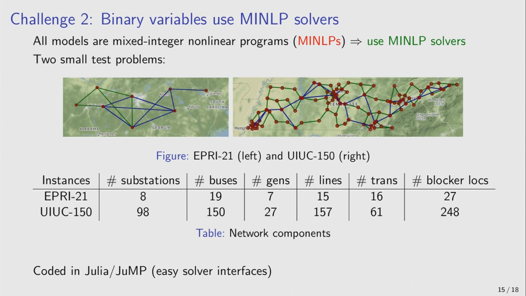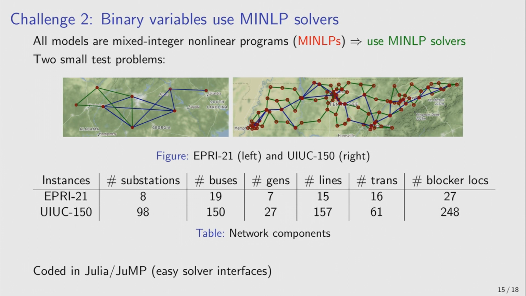We looked at this on 2 networks. That is EPRI-21 that I showed earlier, this small network, and then UIUC 150, which is a sort of toy network that comes from the University of Illinois Urbana-Champaign.